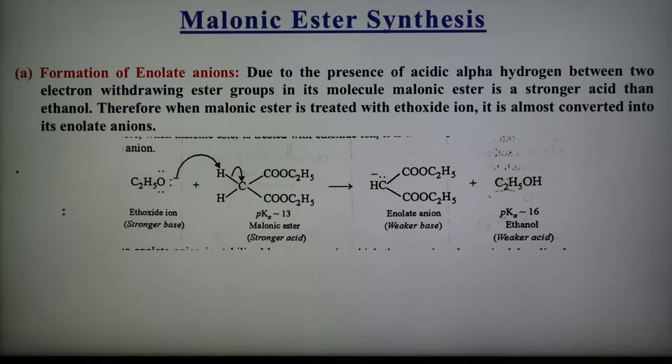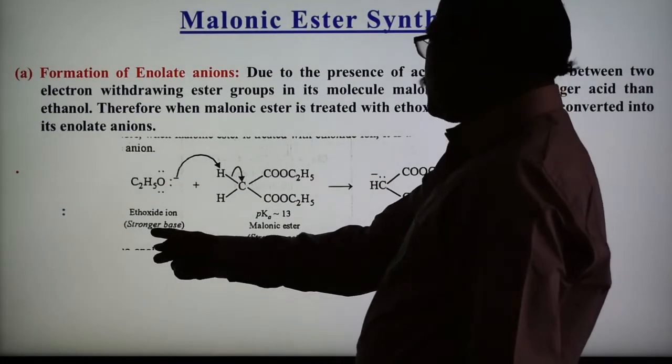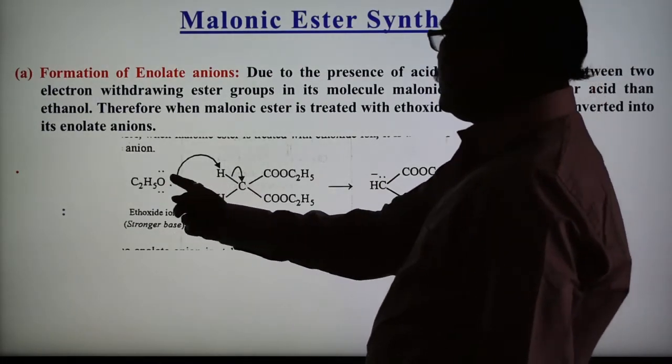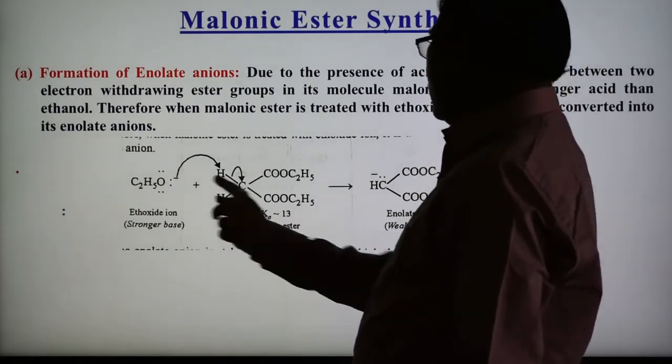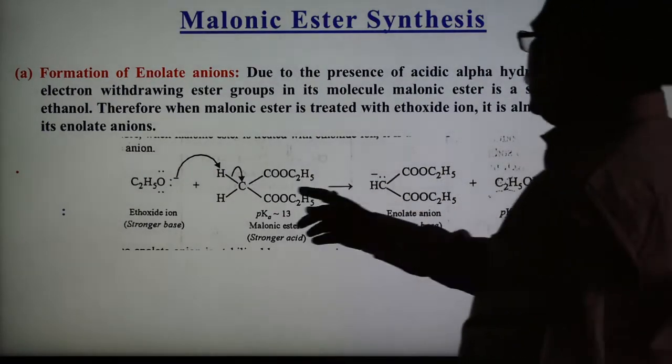This is the simple procedure for the formation of enolate anion. This is the ethoxide ion, the stronger base, and this is the malonic ester, the stronger acid. The ethoxide abstracts the proton, this H here, and it gets removed as ethanol.